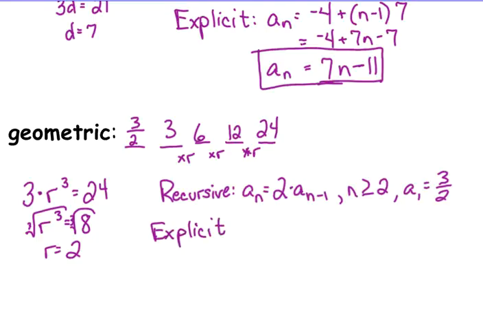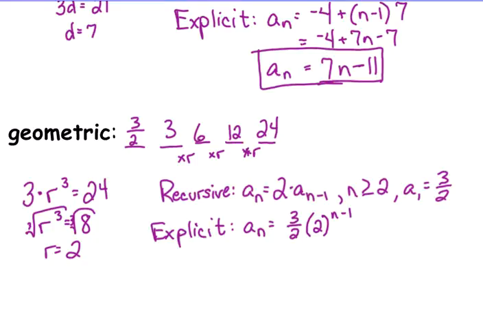Explicit formula, a sub n is equal to the first term, 3 halves, times the common ratio, which is 2, to the n minus 1. And I'd just leave it like that. You can simplify it, but you really don't have to. So I'd just leave it like that.